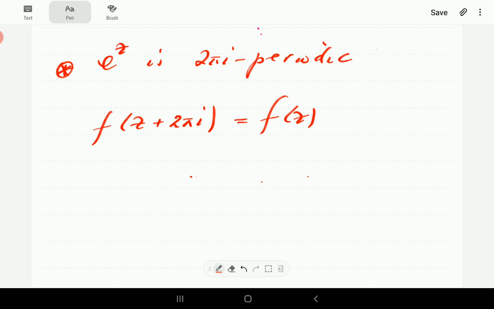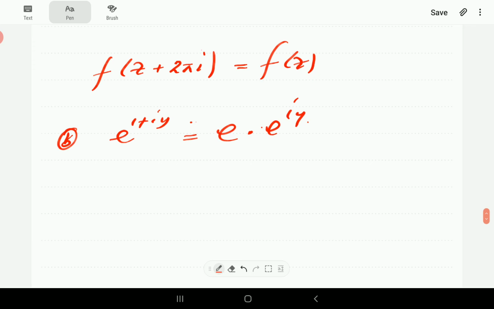But we can do this algebraically as well. So part B, the image of e to the 1 plus iy is going to be e times e to the iy. Now, this is just going to be a point on the circle of radius e, and y is going to be our argument.